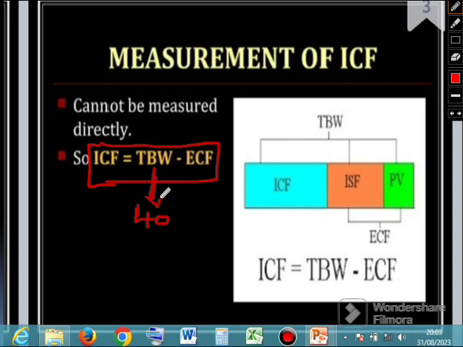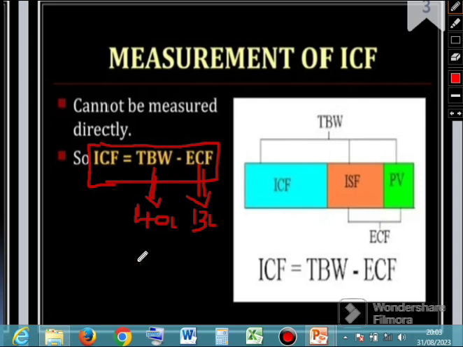And her extracellular fluid volume is 13 liters. What is her intracellular fluid volume? 27 liters.